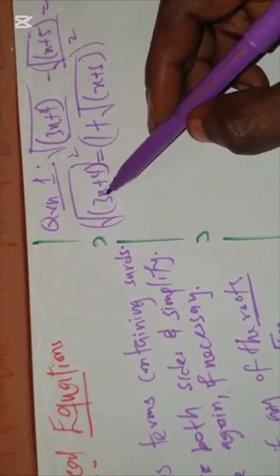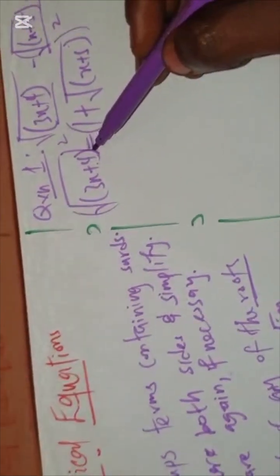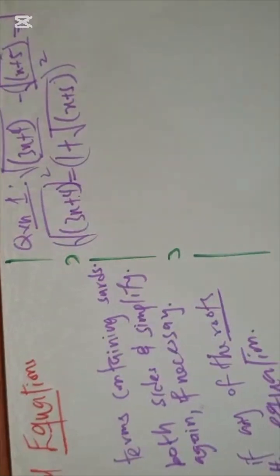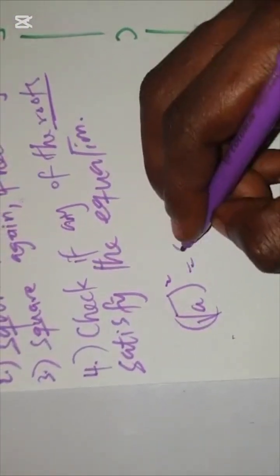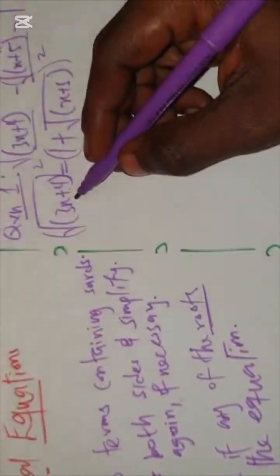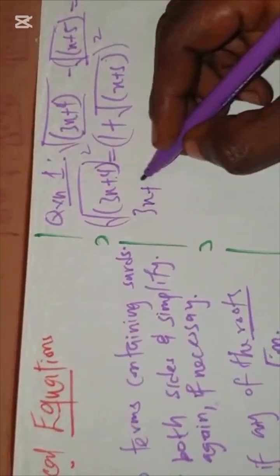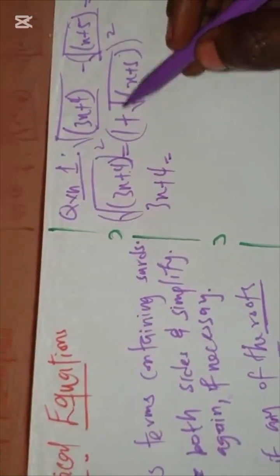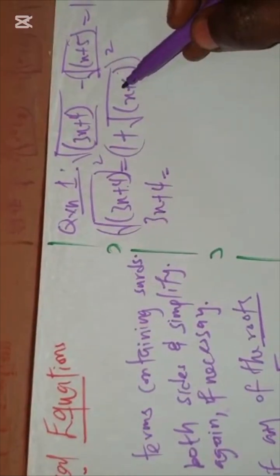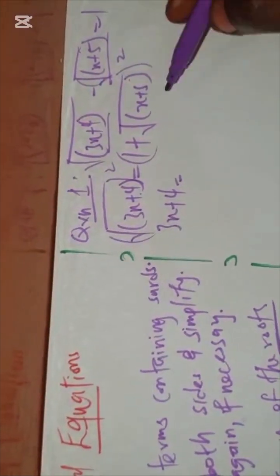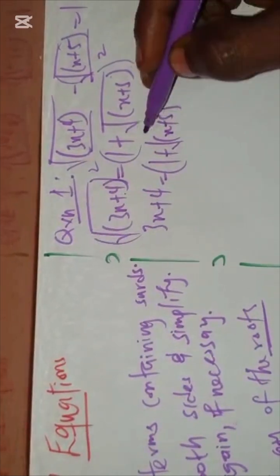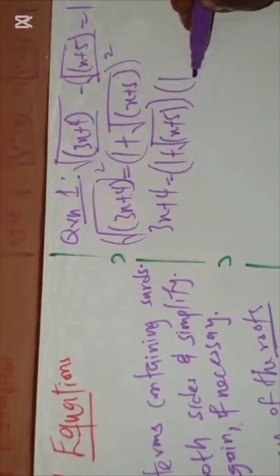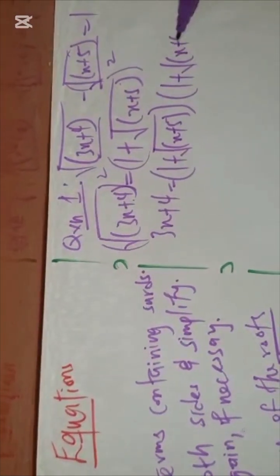Now, in this case, 3x plus 4 is considered as one expression. And we remember, in our rules, root of a all squared gives a. So root of 3x plus 4 squared gives 3x plus 4. Now, 1 plus root of x plus 5 all squared is 1 plus root of x plus 5 multiplying 1 plus root of x plus 5.